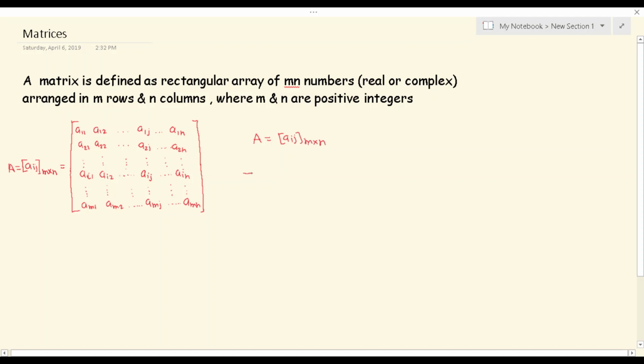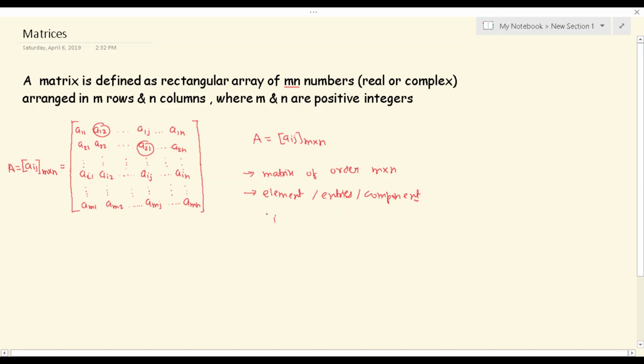Okay, and this is a matrix of order m cross n, and each individual number is called entries, component or element, like this one or this one. These are nothing but elements, or we may call them entries or components of the matrix.